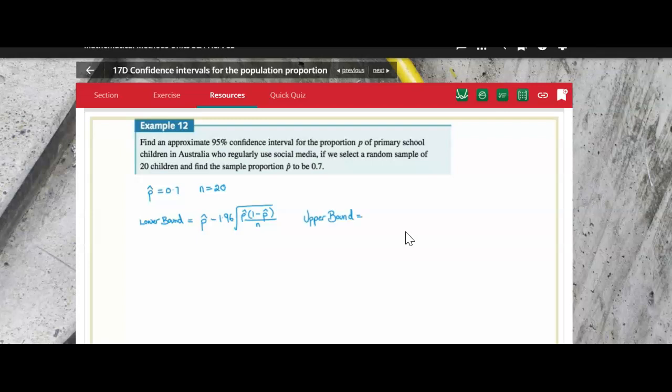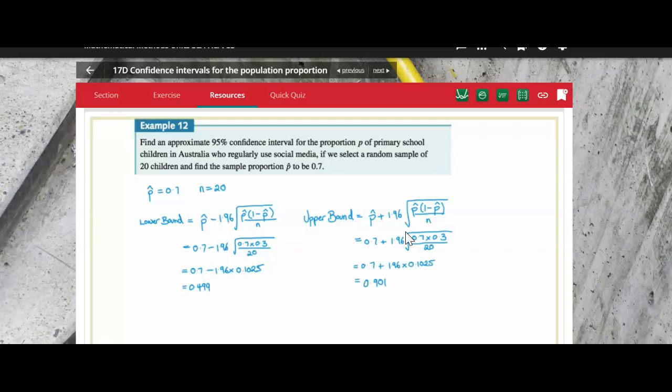To find the upper bound, we use the same formula, but replace that minus with a plus. When we work that through, we end up with a lower bound of 0.499, and an upper bound of 0.901. This gives us an approximate 95% confidence interval of 0.499 to 0.901.